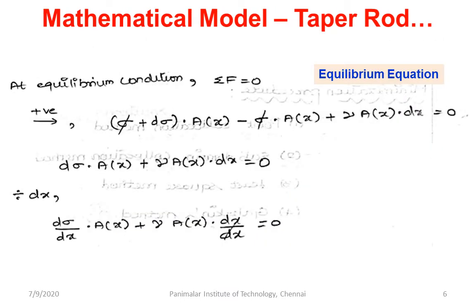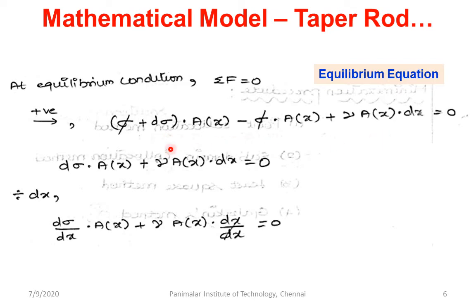Now you see this equilibrium condition. Since it is a structural problem, we have to use the force equilibrium equation, sigma F equal to 0. In the free body diagram in the previous slide, we have seen that there are three forces acting. Considering one force as positive, the opposite one is negative.